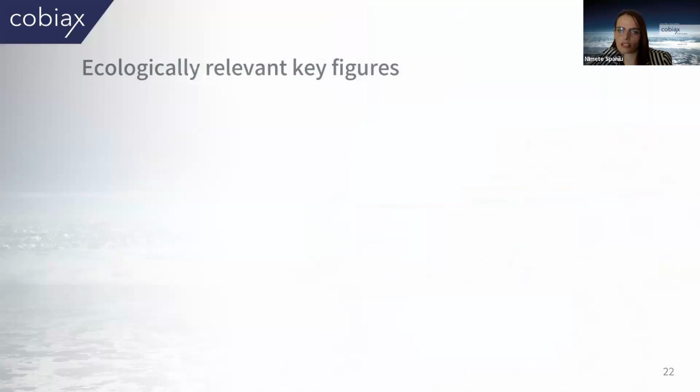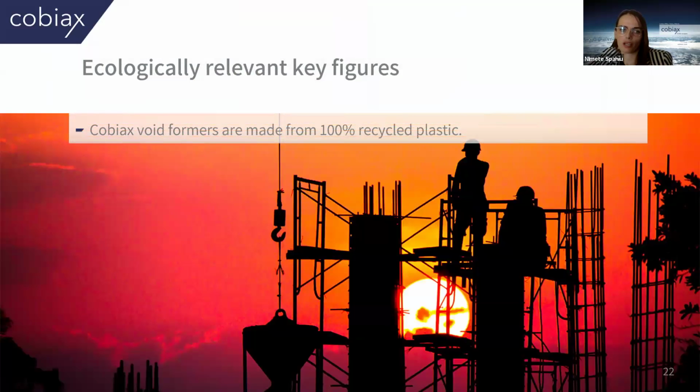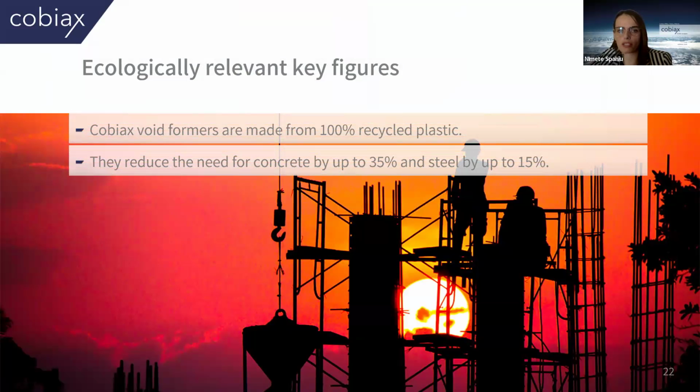The last one is sustainability. As I said before, Cobiax void formers are made from 100% recycled plastic. We can save about 35% concrete and 15% steel. Since we save concrete, less cement will be produced, so less CO2 will be emitted into the air.